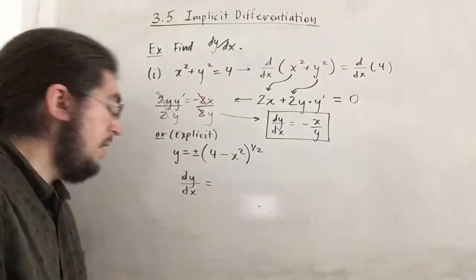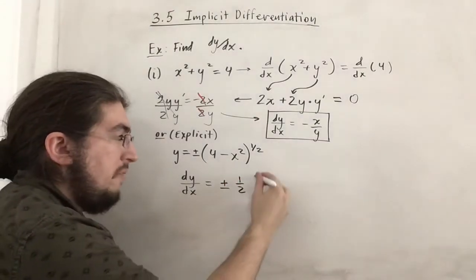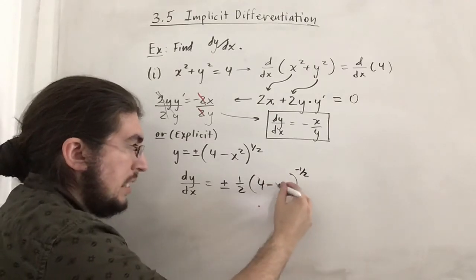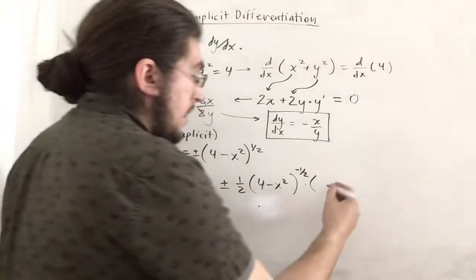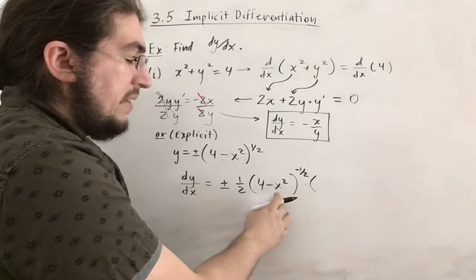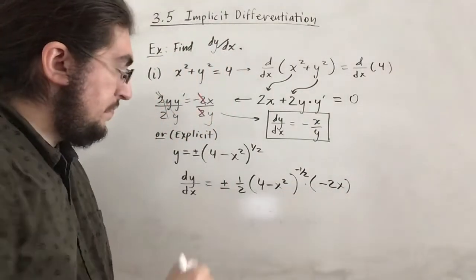So we get plus or minus, applying the power rule, 1/2 of the inside to the negative 1/2. Inside stays the same, 4 minus x squared, multiplied by the chain rule, derivative of the inside, which is derivative of 4 is 0, derivative of negative x squared is negative 2x. There's some cancellation of these 2's.